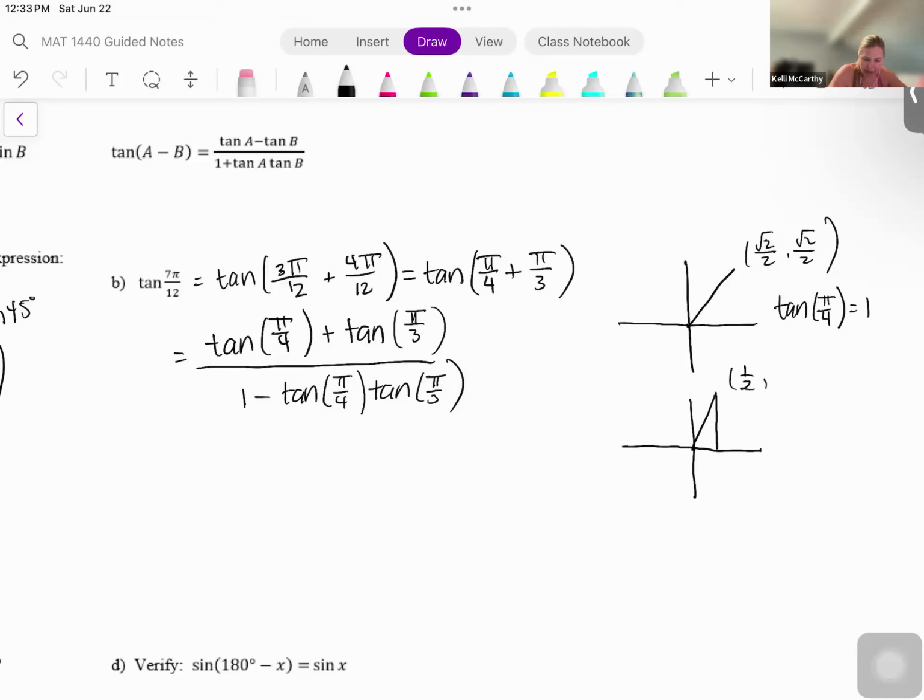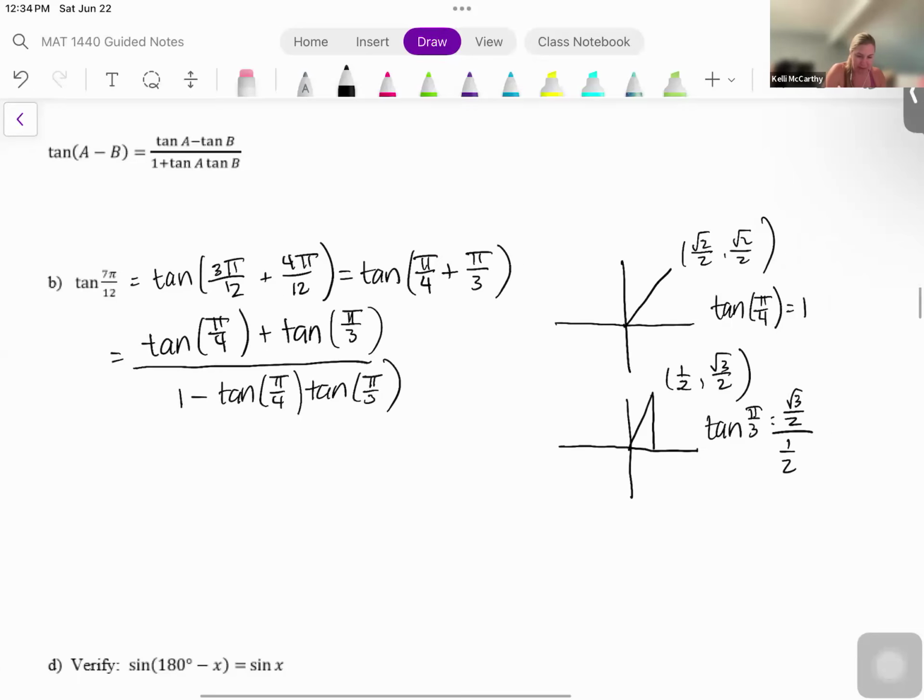So 1/2 is my x coordinate, square root of 3 over 2 is my y coordinate. Tangent of pi over 3 is sine over cosine, so square root of 3 over 2 divided by 1/2, which simplifies to just square root of 3 because those factors of 1/2 will simplify to 1.